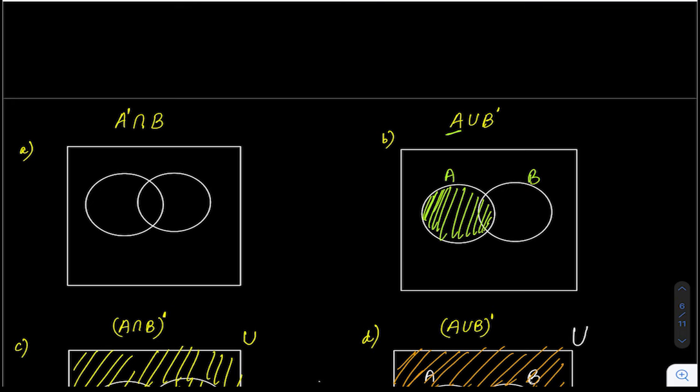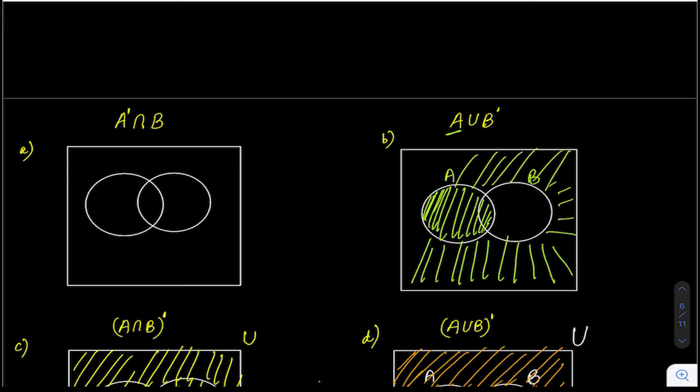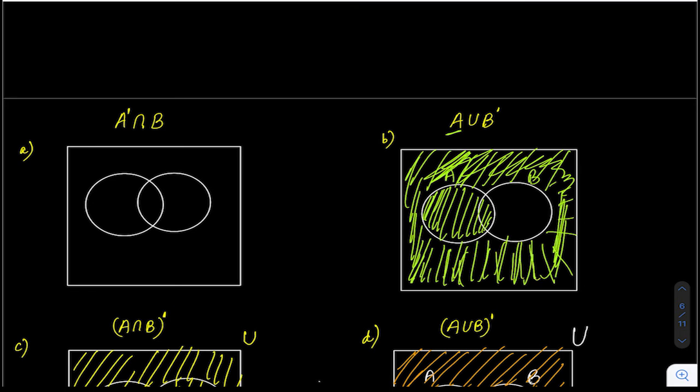Then B complement: all area that is not in B, basically the outside area. So except this part that is in B only, everything else is in A union B complement. That is my answer.